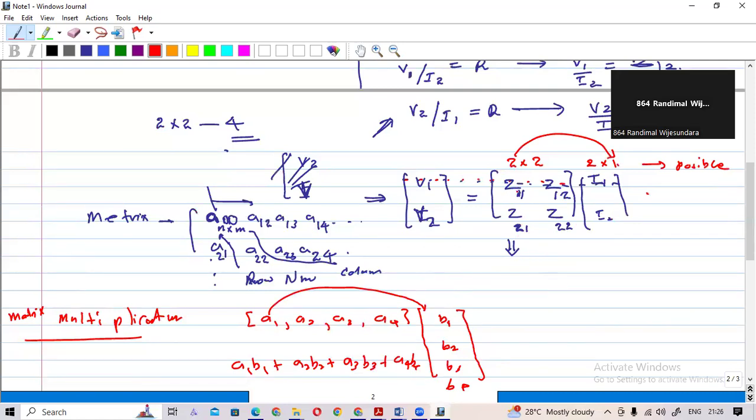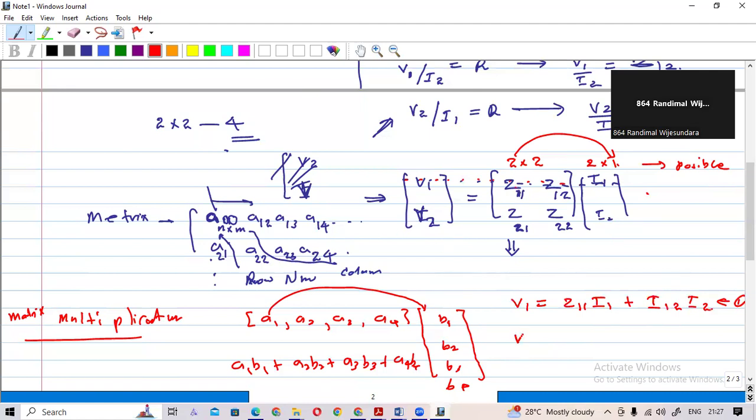If you consider the first row, V1 is equal to Z11 I1 plus Z12 I2. This is one equation.